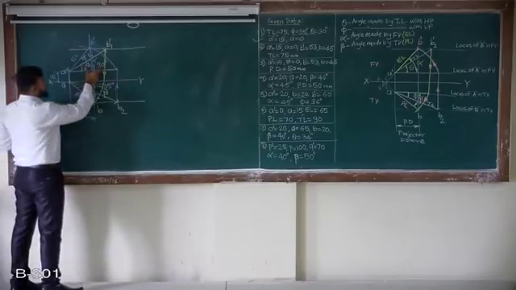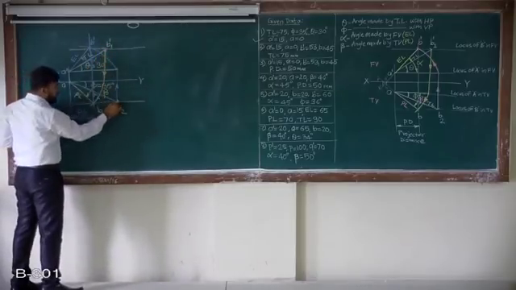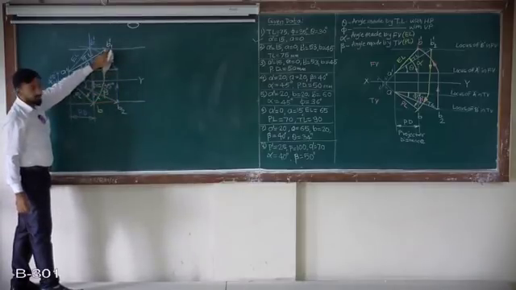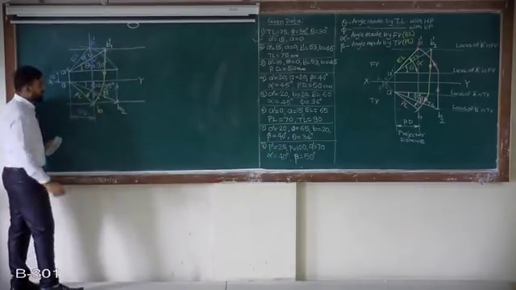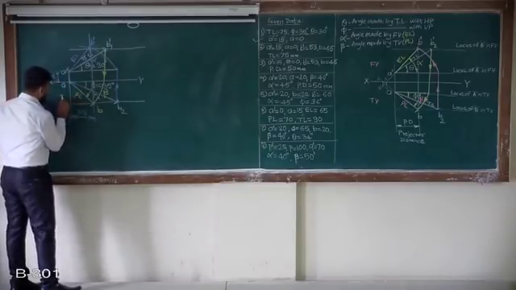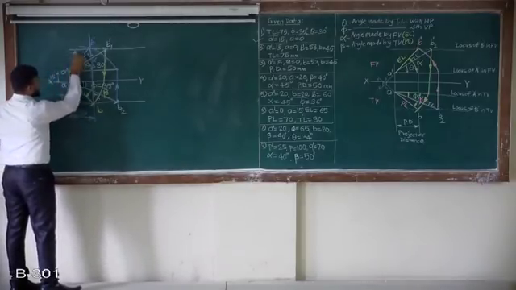So I got B1 dash and B2, the true length points: B1 dash in the front view, B2 in the top view. Then how to get the plan length in the top view or the elevation length in the front view?